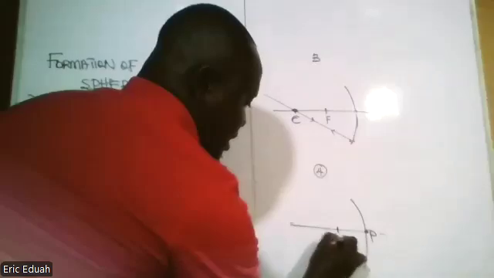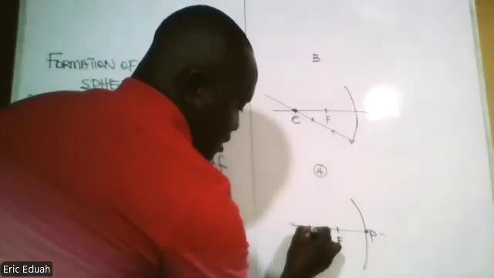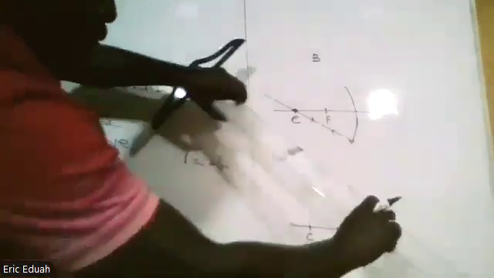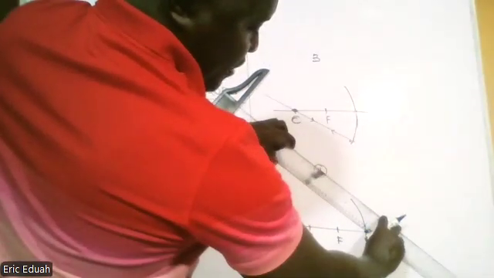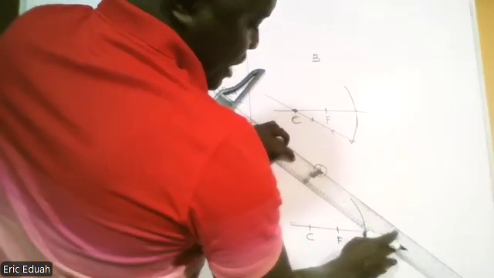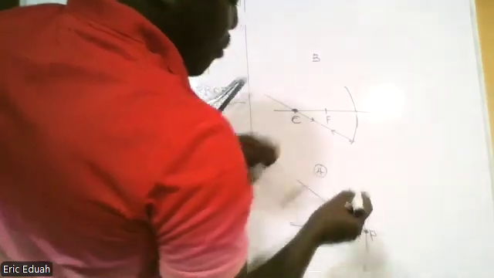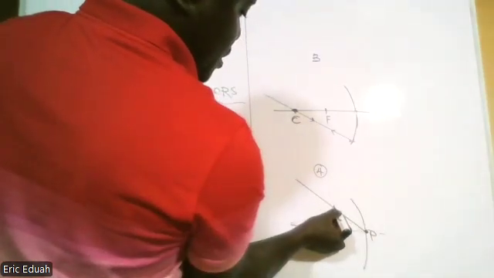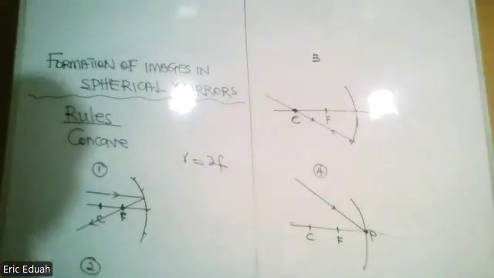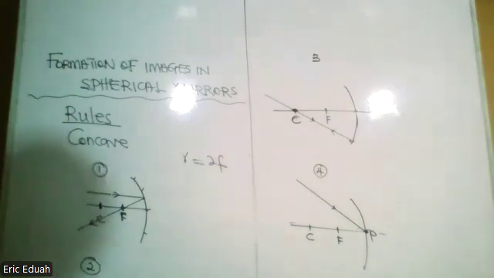Your F is here, C is here. A ray of light, whichever or wherever the ray is coming from, hitting the pole of the mirror, or incident exactly at the pole, reflects at the same symmetry or axis.